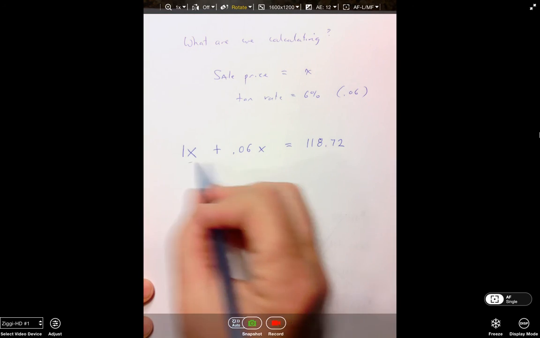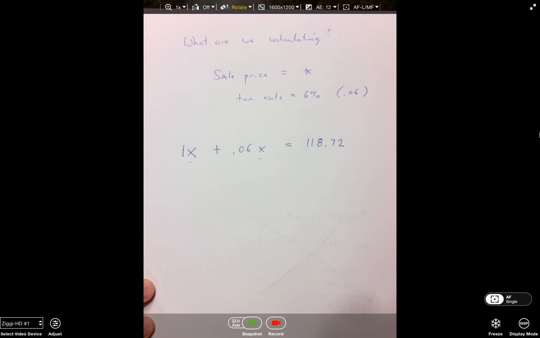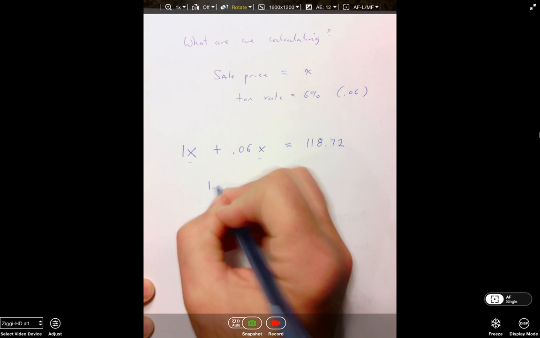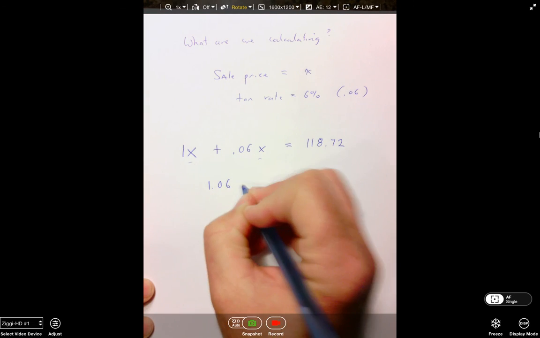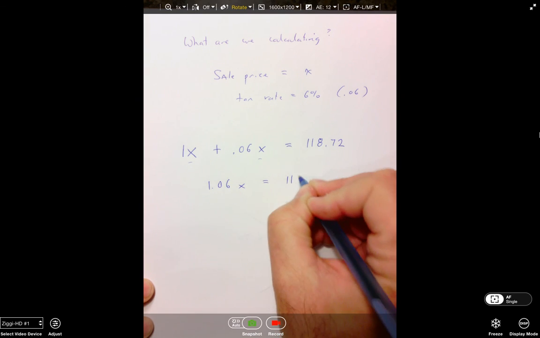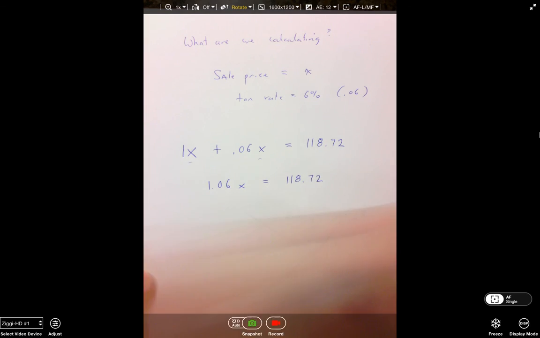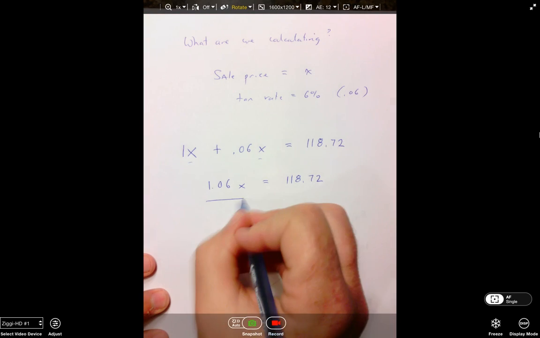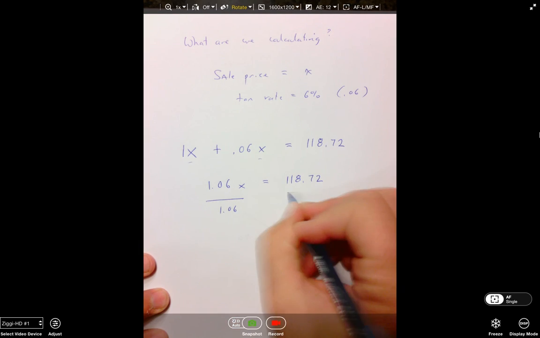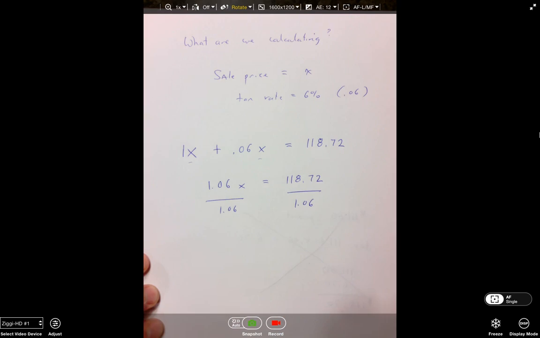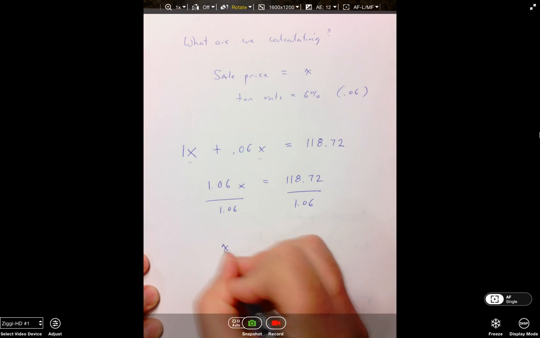So since we've got common terms, I can add. So I get 118.72. Clearly, I'm going to want to divide both sides by 1.06.